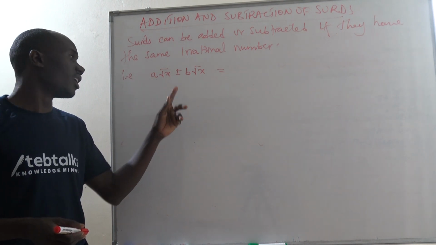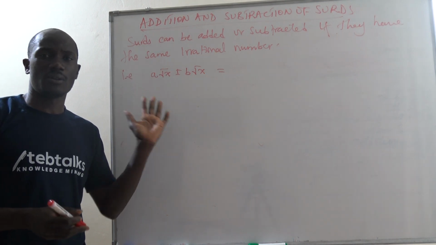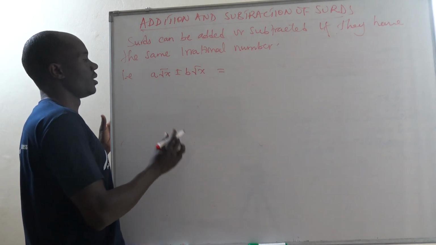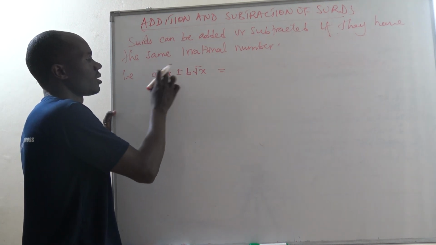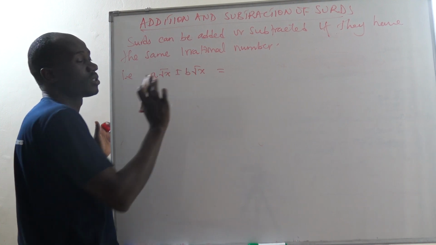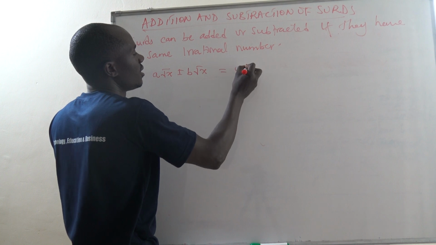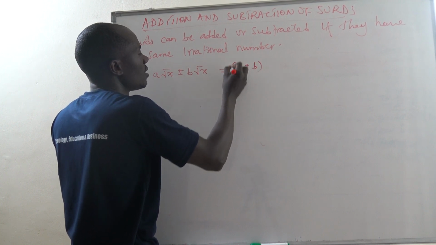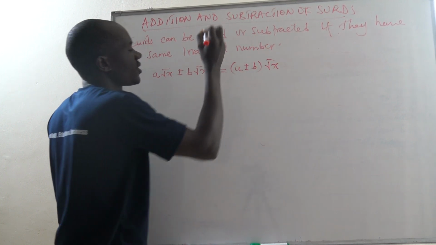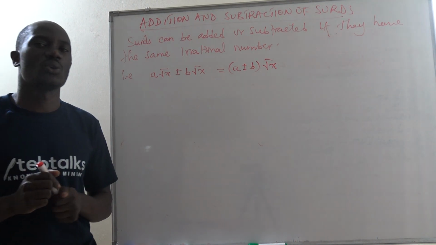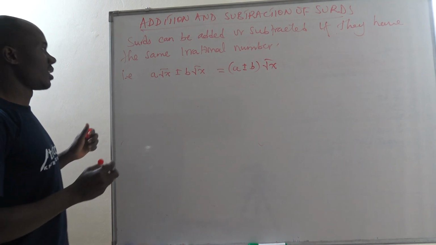The first one is a plus, or if you are not talking about plus, you can even do the subtraction. What we do here, add these ones together and the root remains. So what we're going to have here is a plus or minus b, then root x. That's what we do with addition and subtraction of surds.